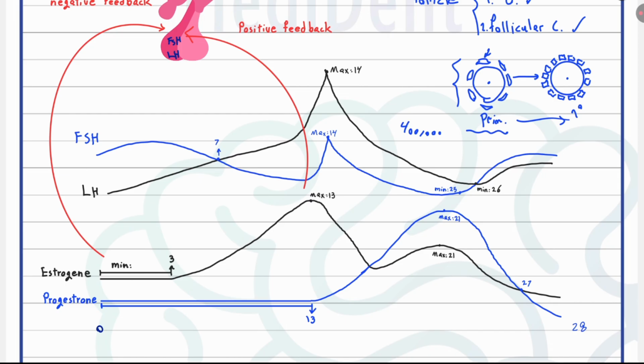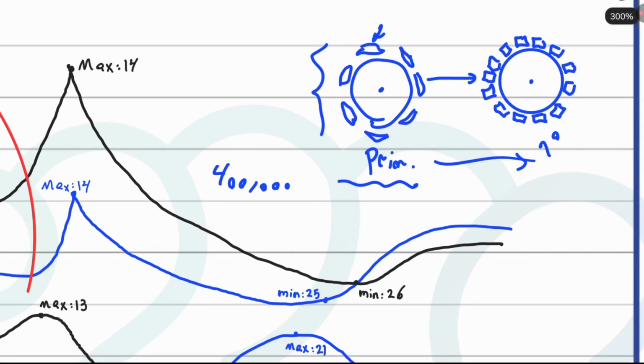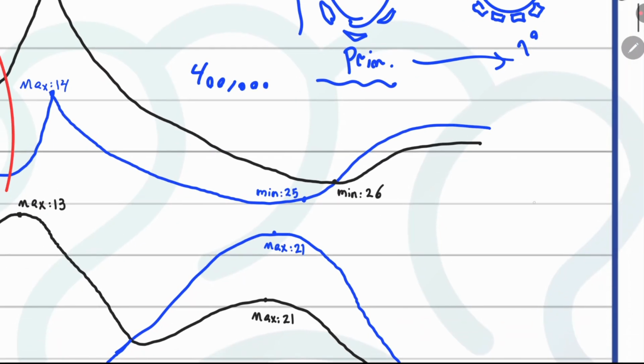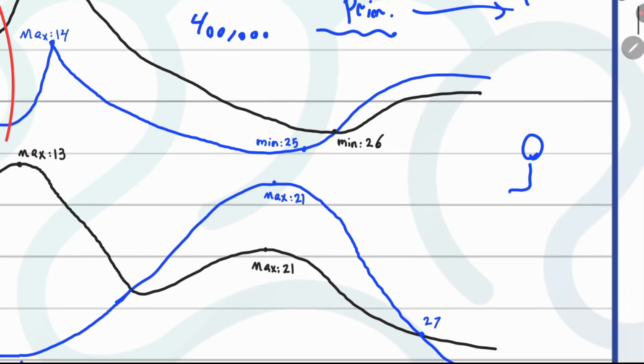The first one is that it causes the primary ovocytes to change into secondary ovocytes. Imagine that this is the primary ovocyte, and it is already arrested in the prophase of first meiosis. With the effect of LH, it completes its first meiosis and changes into two cells.